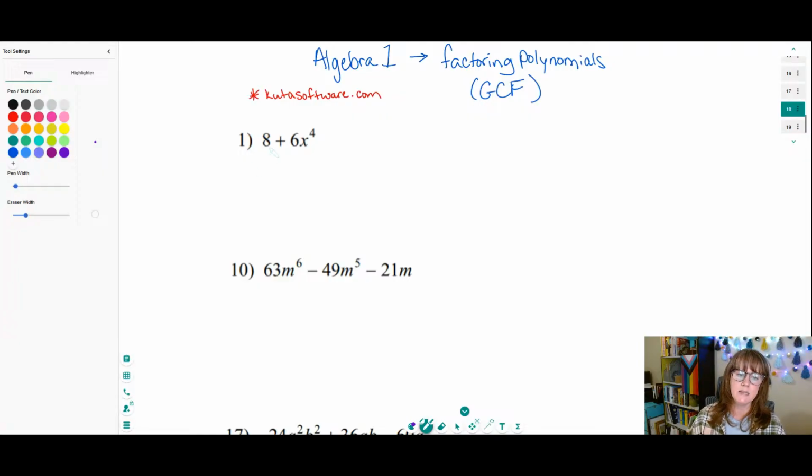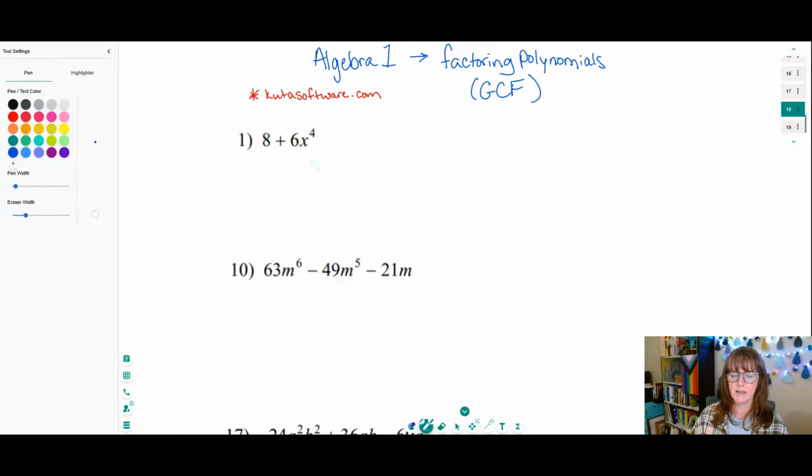So for 8, we don't have any variables there, so we're just going to worry about the coefficient, the number part of it here. So with 8 and 6, the biggest common factor that we have is going to be 2, right? 4 also goes into 8, but it doesn't go into 6.